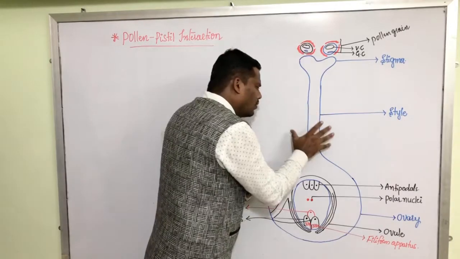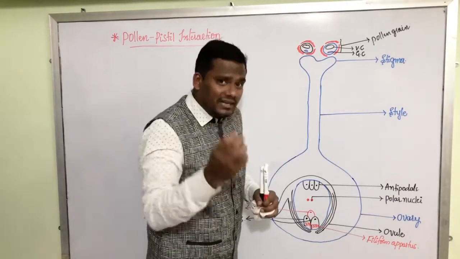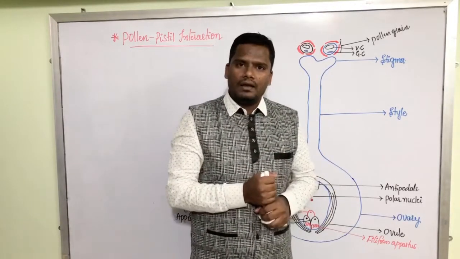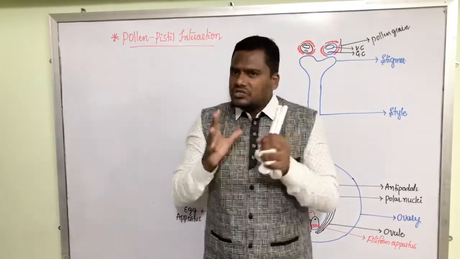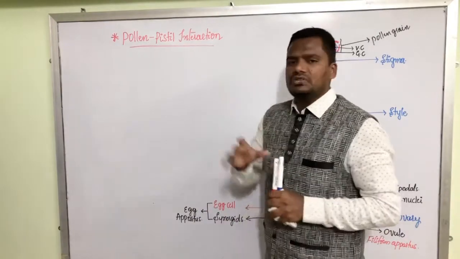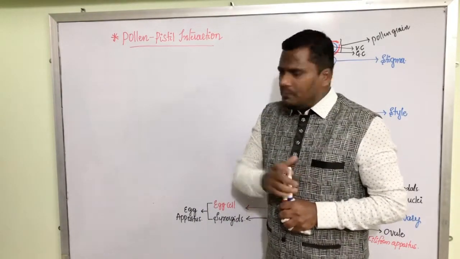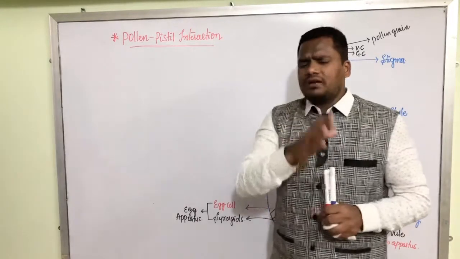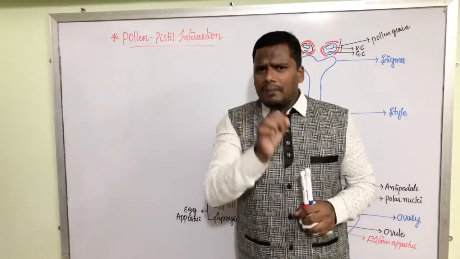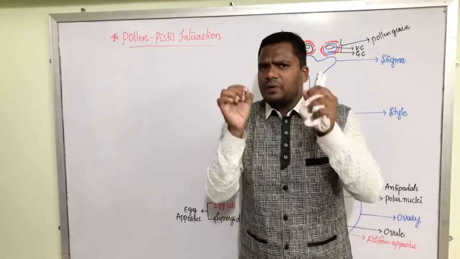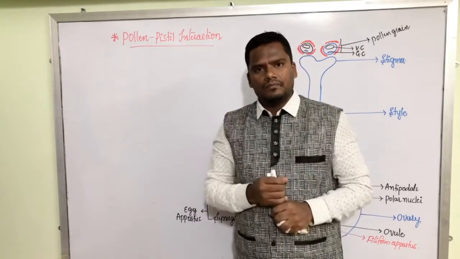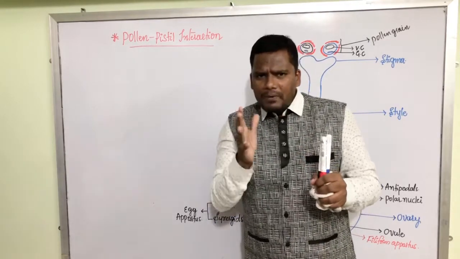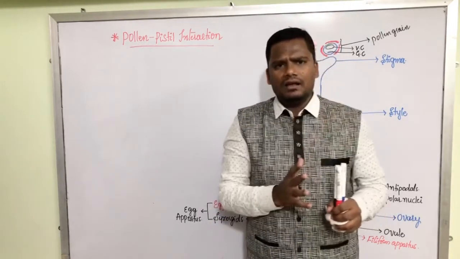So, how to recognize the right type of pollen grain and how to reject the wrong type of pollen grain? That entire concept is studied under the heading pollen-pistil interaction. Before we discuss this, let us make a very clear statement that each and every plant consists of a specific type of chemicals. Mango plant has a particular chemical in it. Neem plant has a particular chemical in it.